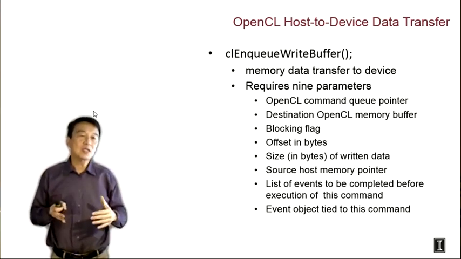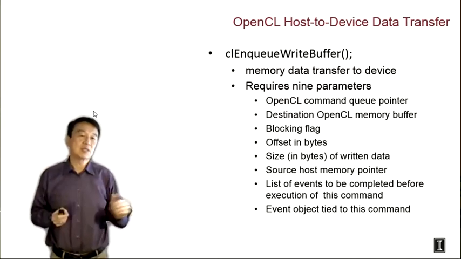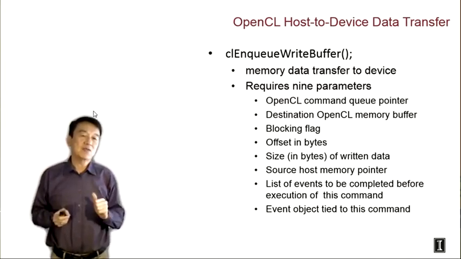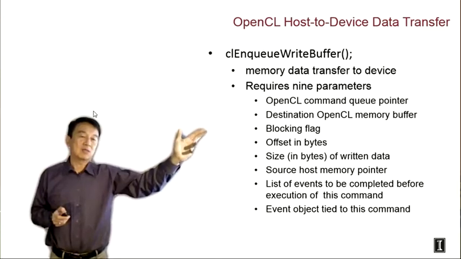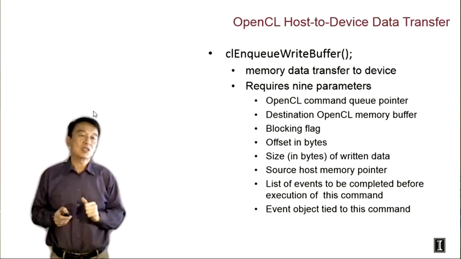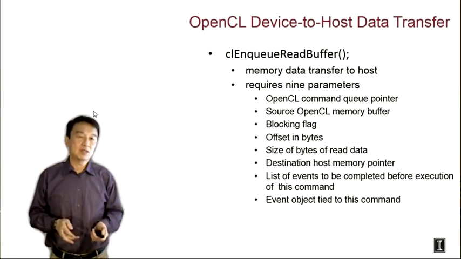This explicitly expresses some of the dependencies that this particular command may have on other commands. And finally, there's an event object tied to this command, and you can check this event object for the status if you have a non-blocking data transfer. If you set the blocking flag to false, then you can use this event object to check later on whether the transfer has completed.